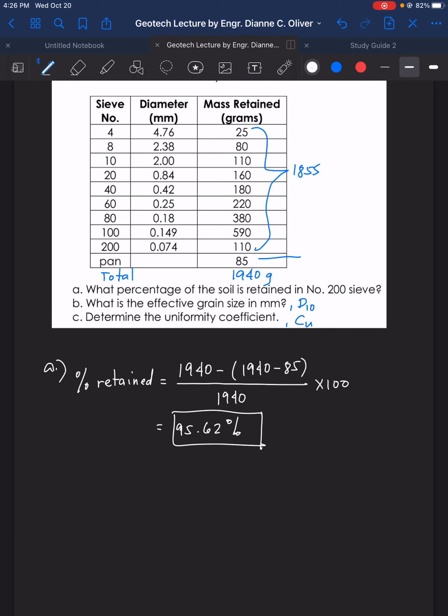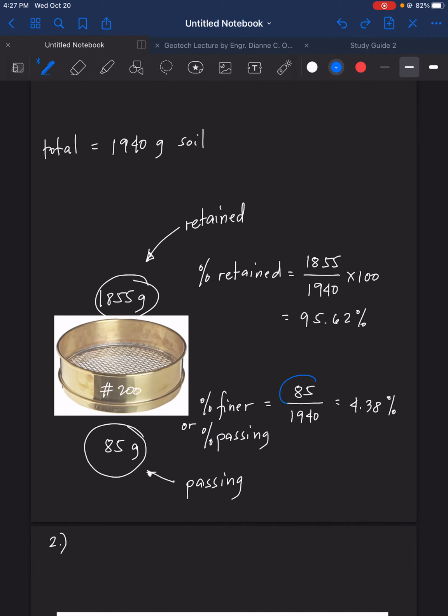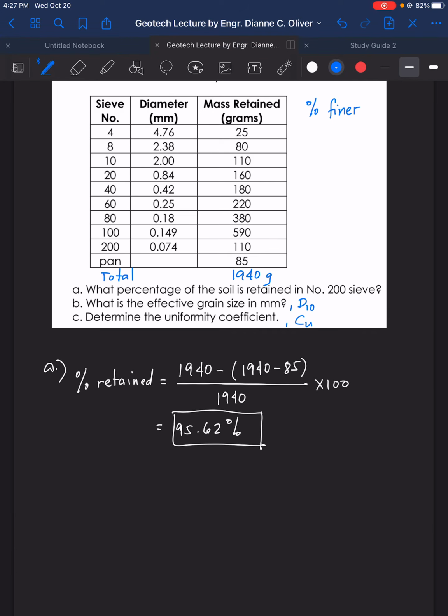So, if we want to do that, let's compute here the percent finer, or the percent passing. How do we compute the percent passing? This is the 85 grams that pass out of number 200, and we have here 4.38, so we put here 4.38%.